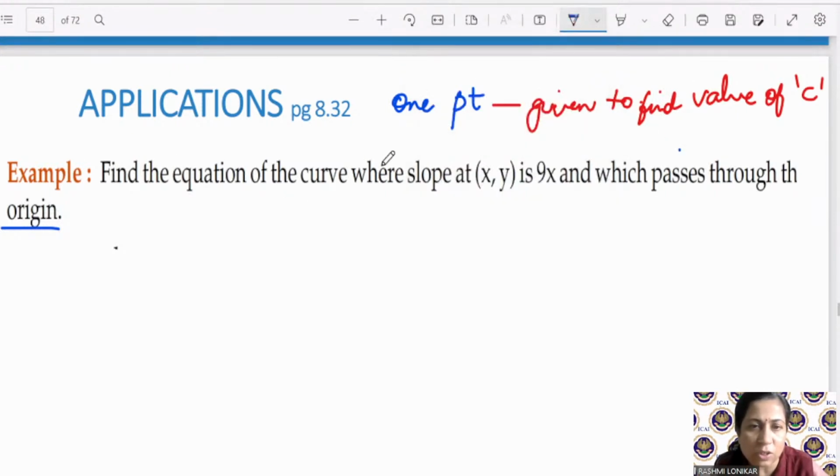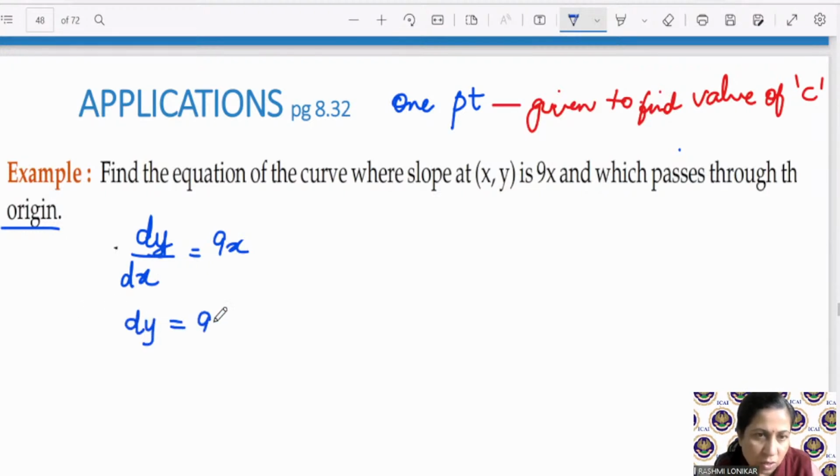So find the equation of the curve whose slope at xy. So dy by dx is given to me as 9x. I write this as dy is equal to 9x dx. So I take this dx onto this side.